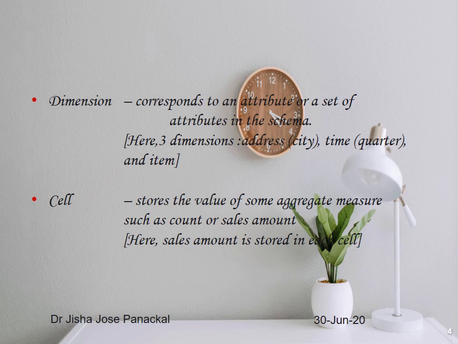And a cell stores the value of some aggregate measure such as count or sales amount. Here sales amount is stored in each cell. It may be the count or it may be a sales amount, stored as per the requirement. So that is a cell.